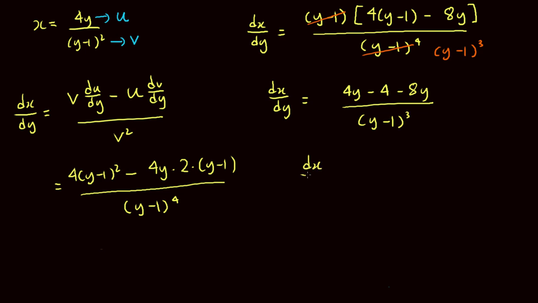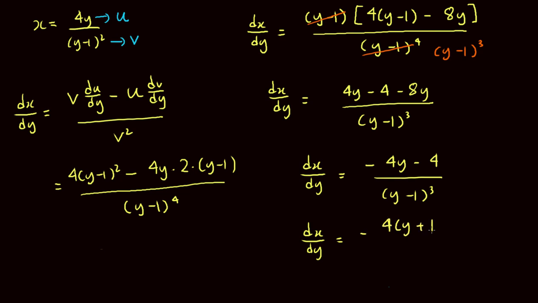So dx/dy is equal to negative (4y plus 4) over (y minus 1) cubed, which is negative 4(y plus 1) over (y minus 1) cubed. So that's dx/dy. Now how about dy/dx?